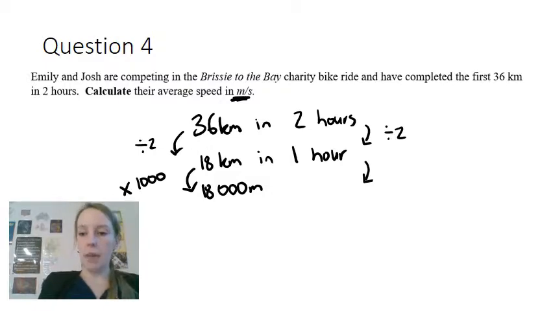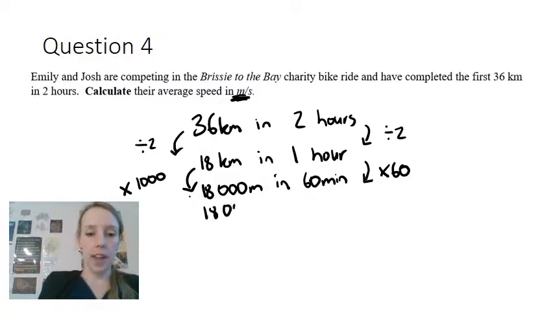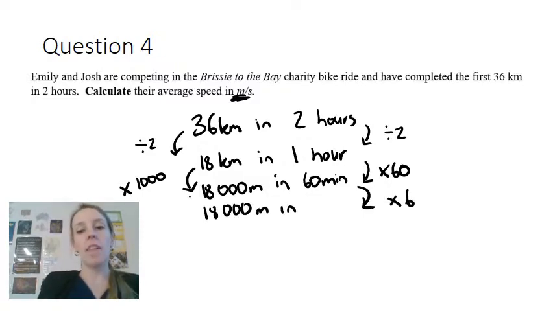So I'll convert to minutes first, so times by 60 because there's 60 minutes in an hour. So they've gone 18,000 meters in 60 minutes, but again, it doesn't want minutes, it wants seconds. So 18,000 meters in, I'm going to convert that 60 minutes to seconds. There's 60 seconds in a minute, so I'm going to multiply it by 60 again, which will give me 3,600 seconds.